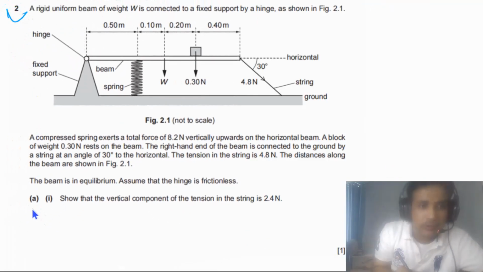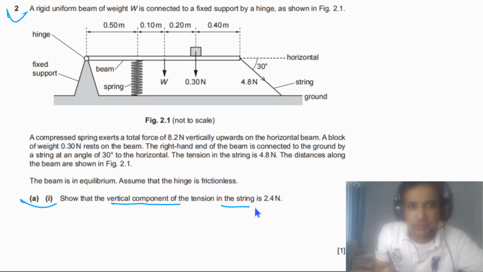For the second question, part A, we need to show that the vertical component of the tension in the string is 2.4 newtons. Here we have the string, and the question is asking for the vertical component, meaning this component. The vertical component is equal to 4.8 sine of 30 degrees.